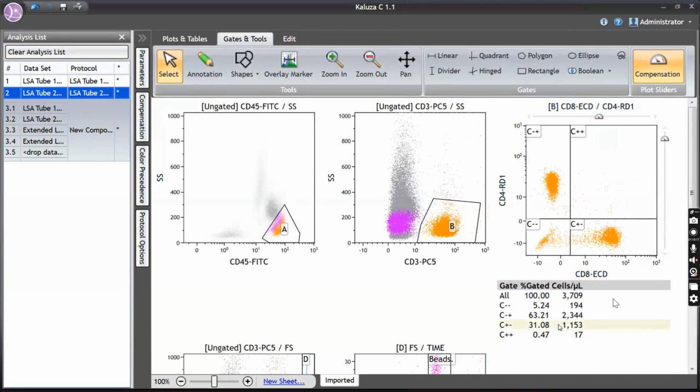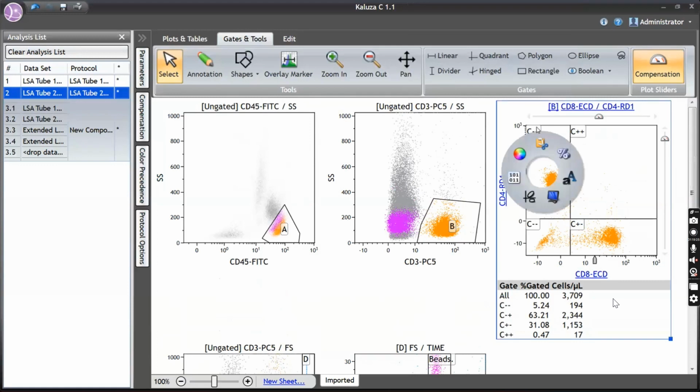CD3 plus CD4 plus is CD4 positive T cells. So I'll just label them.